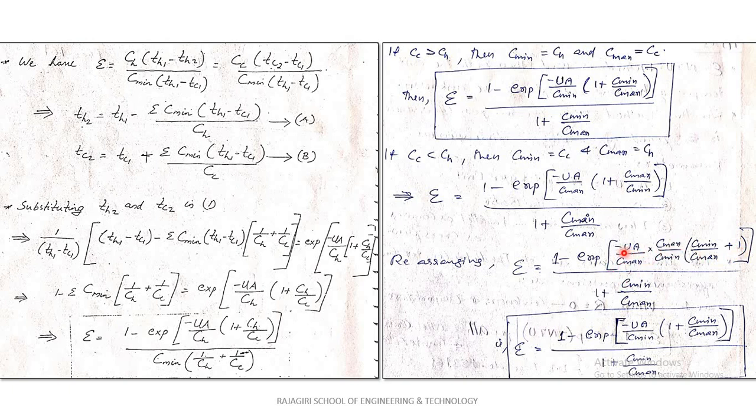You get the same equation: 1 minus exponential of minus UA by C minimum (1 plus C minimum by C max) divided by (1 plus C minimum by C max). This is the expression for effectiveness in case of parallel flow.